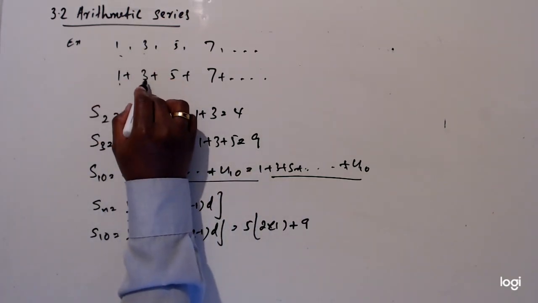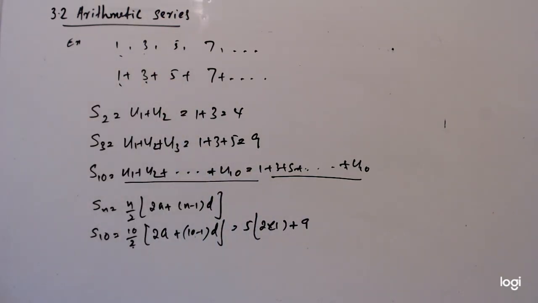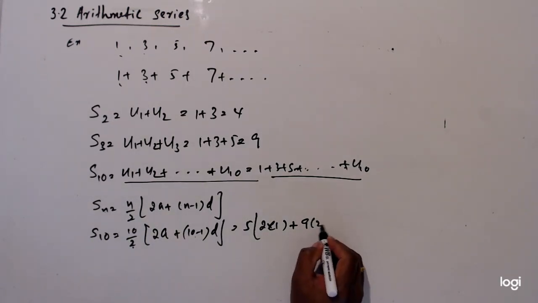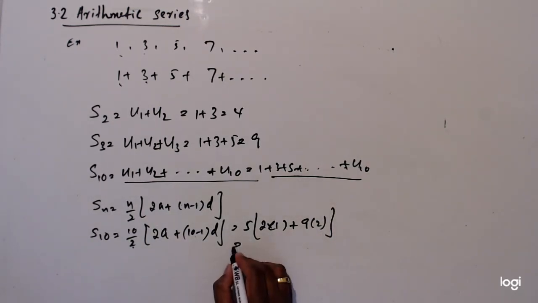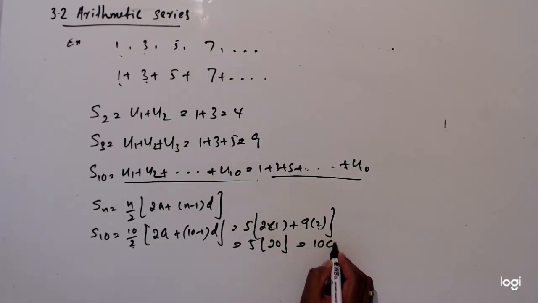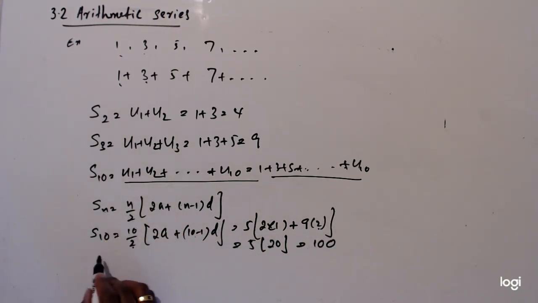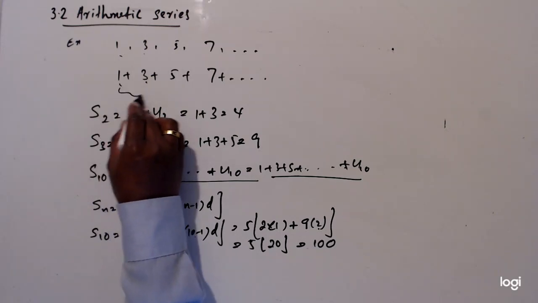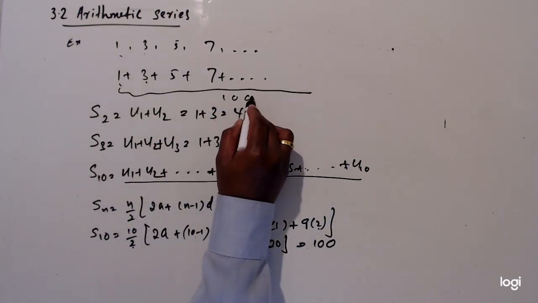In this sequence 3 minus 1 is 2, 5 minus 3 is 2, so d is 2. So basically 5 times, this is 9 times 2, 18, plus 2, 20. So this is going to be 100. When you add the first 10 terms of this sequence, the answer is 100.